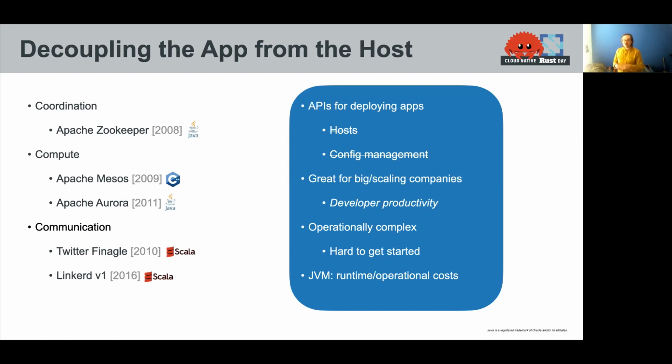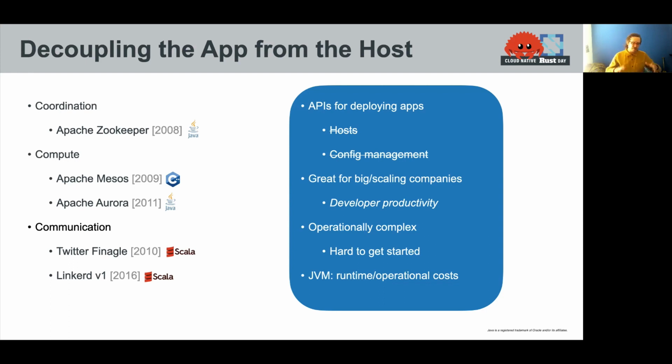Building on that, so this is kind of by the time we met Twitter in 2010, we have a new set of technologies coming online that really decouple applications from hosts. So no longer do I, as someone who's operating a service, have to think about config management or SSH into a host or kind of all the overhead of that. Now what we're thinking of through projects like Mesos and Aurora is where I just want to ship my workload.